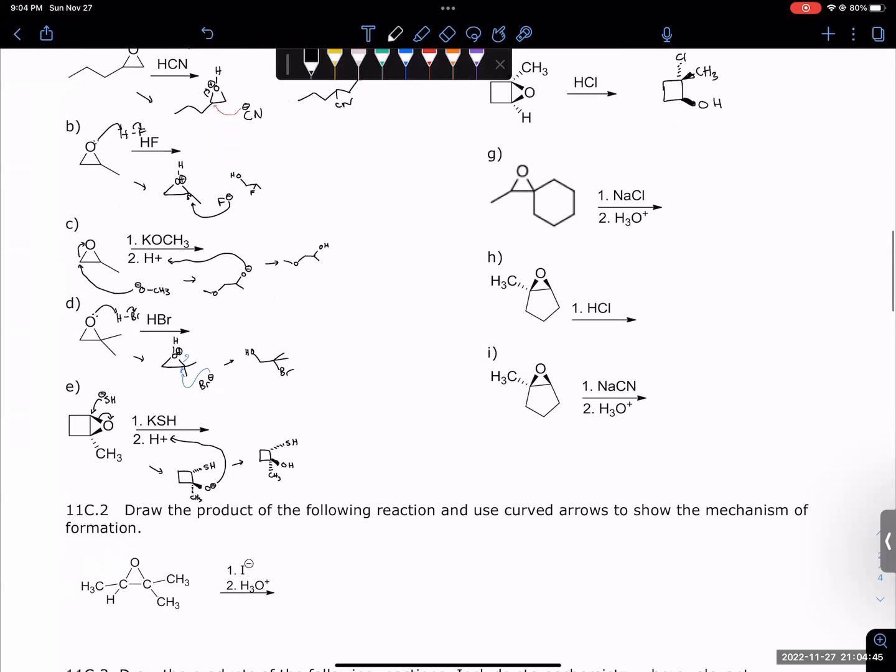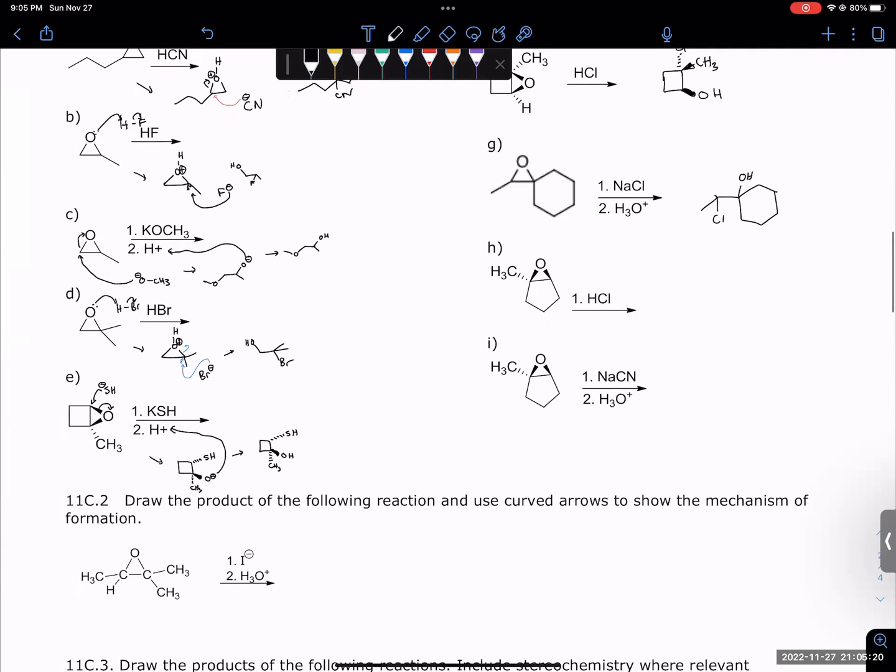And for G, it's a strong nucleophile, so that's going to go to the one that is less sterically hindered. So that would go to this one here. So backside attack, OH, you have Cl.